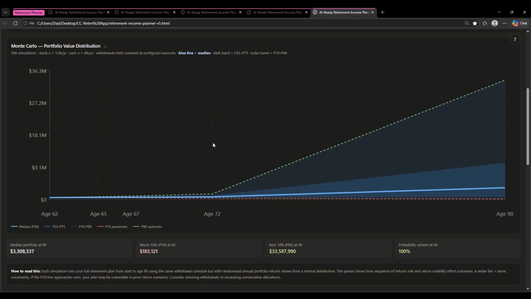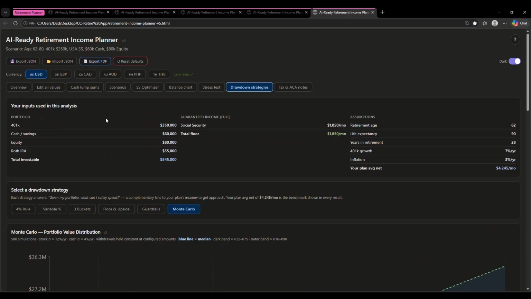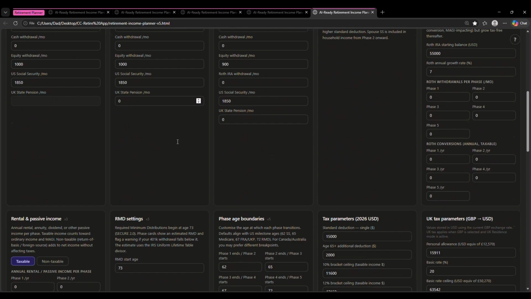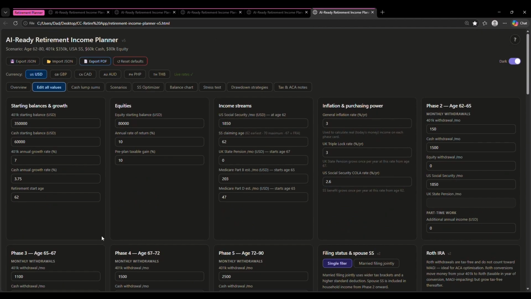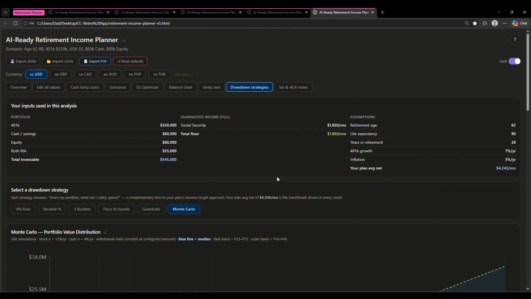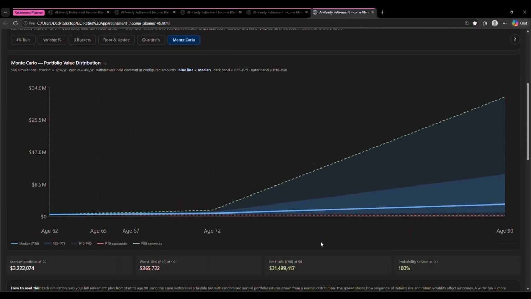Now, if we go to our edit all values here, we do have a Monte Carlo settings area where you can change the parameters with which the Monte Carlo strategy might run, but this is our default. Just to let you know, that is something that you can do.